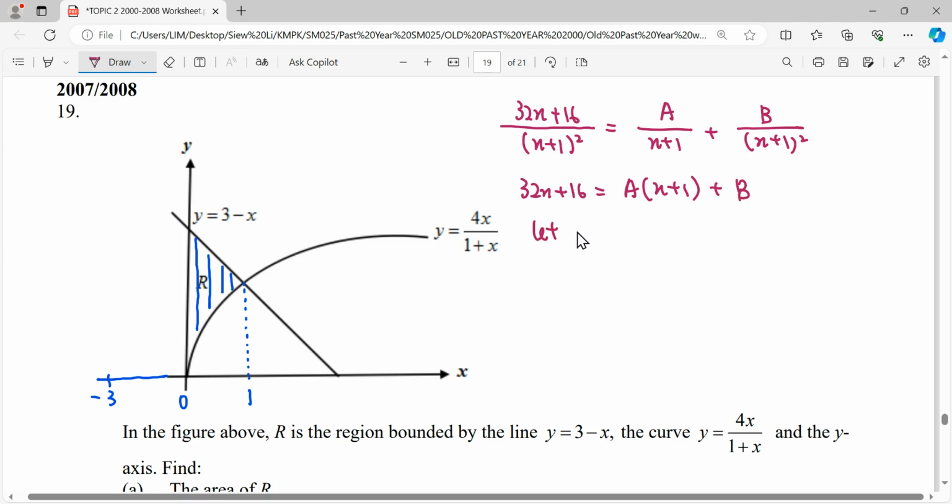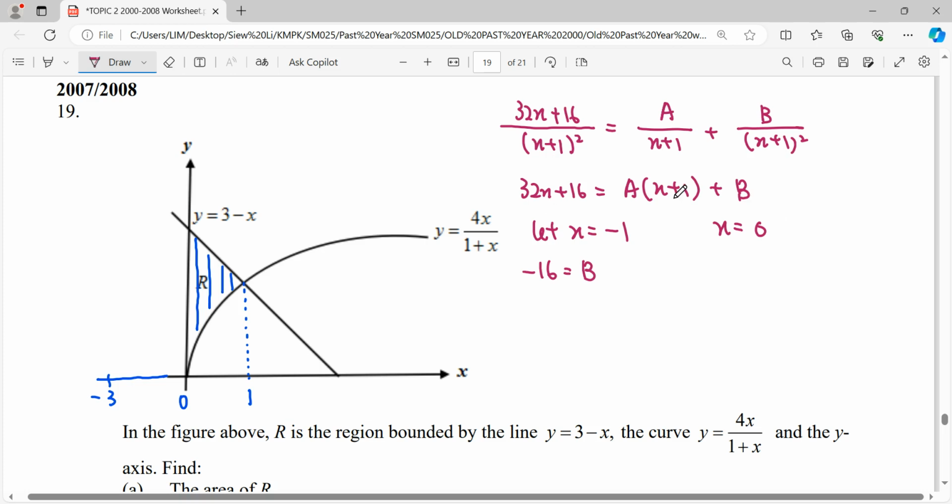Then we let x equal to negative 1, the root of this factor, and another we let x equal to 0 to find A and B. Two unknowns, so we need two values of x. When we substitute negative 1 into the equation, A is eliminated and becomes 0, and we get B is negative 16.